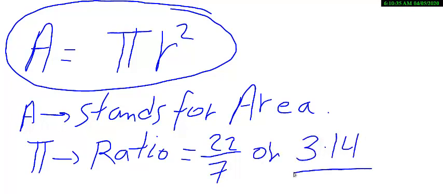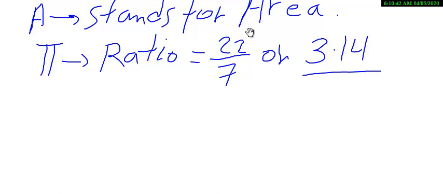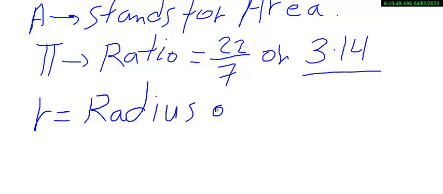This is the value of the pi. And R stands for the radius of the circle.